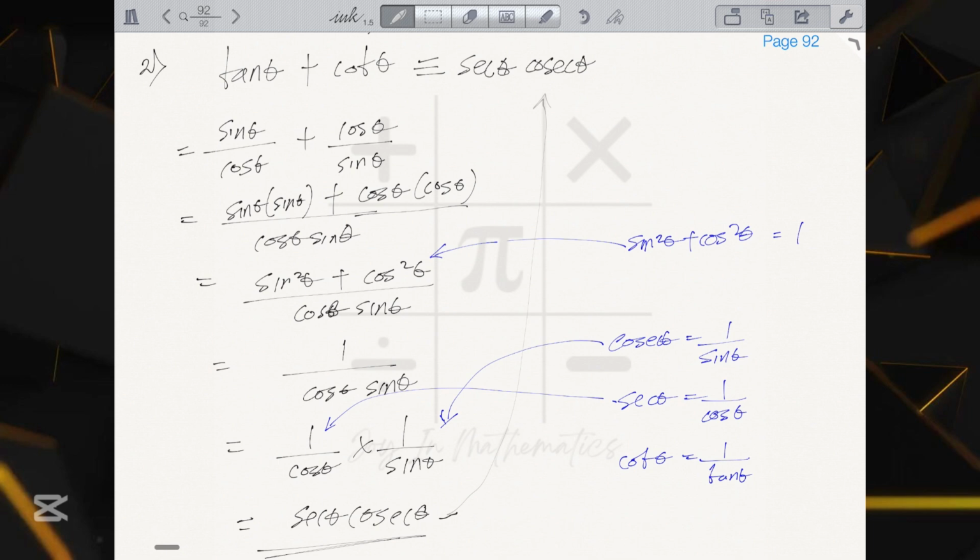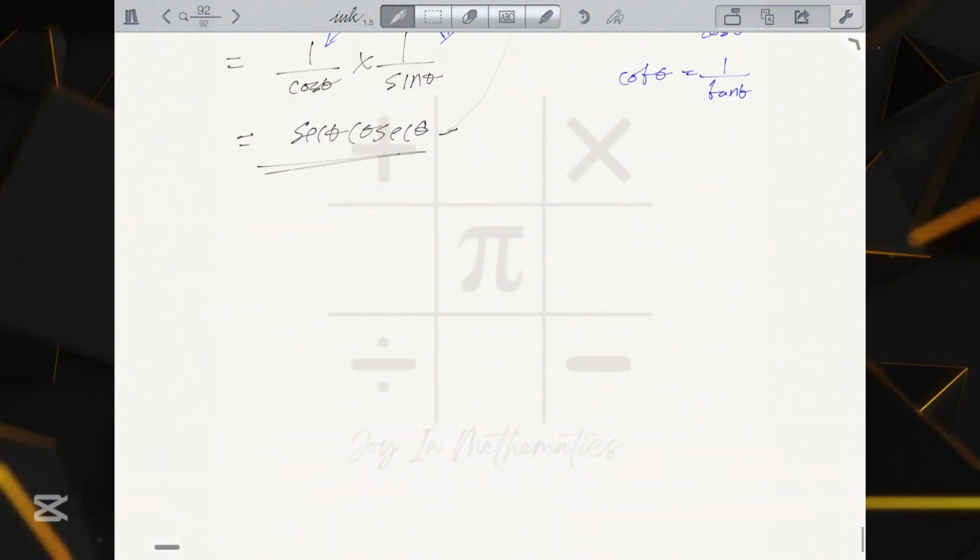Now we can see that this concept is very, very interesting. Now let's take another example, and we'll call this question number 3.